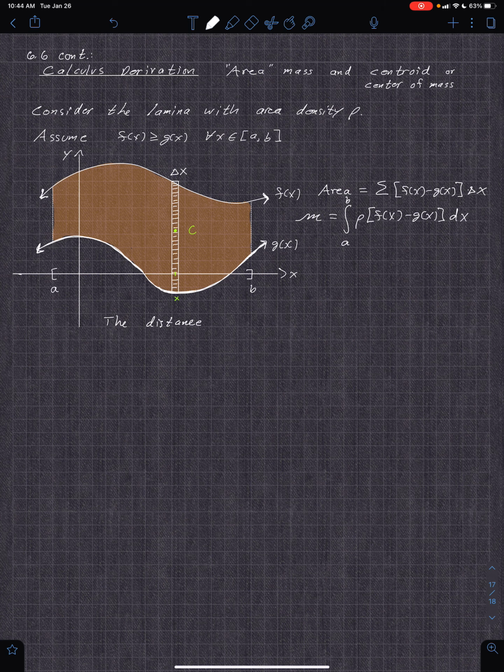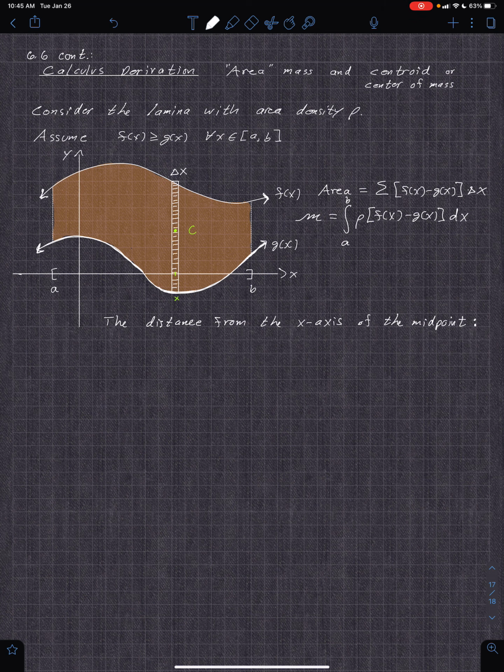The distance from the x-axis of the midpoint is what we want to figure out.